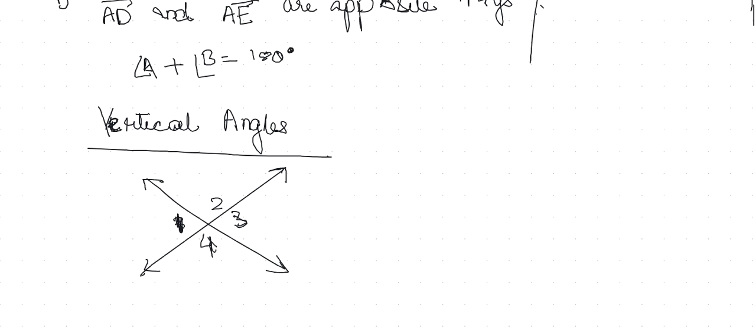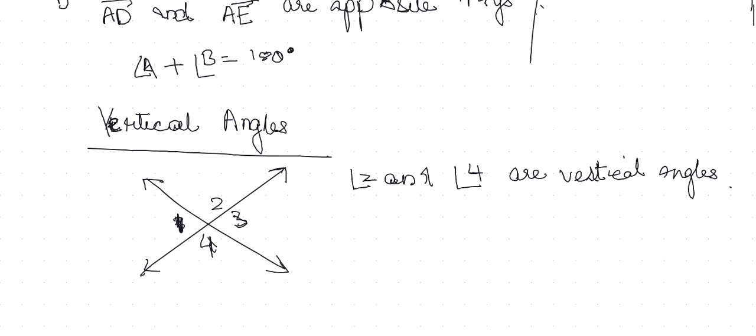So angle 2 and angle 4 are vertical angles and they are equal also.